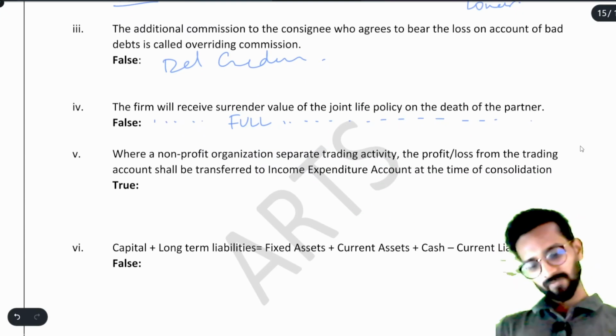After that, where a non-profit organization has a separate trading activity, the profit or loss from the trading account shall be transferred to income and expenditure account at the time of consolidation. Absolutely correct.